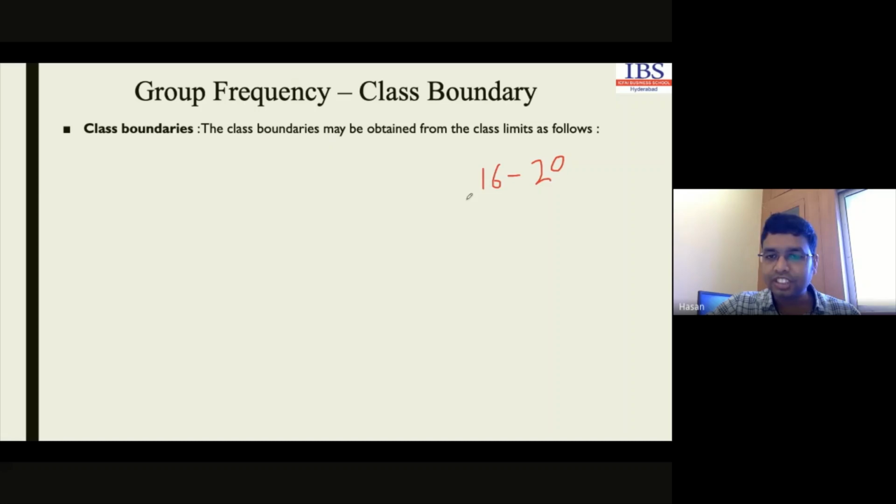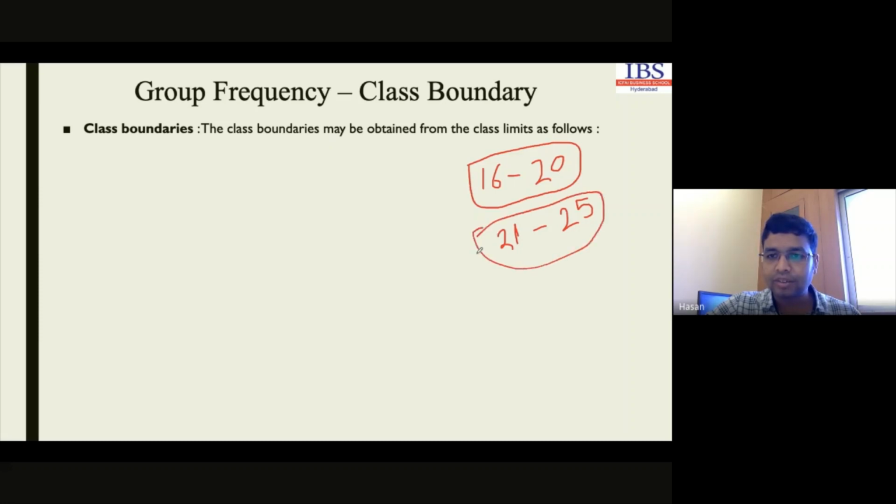In between the classes, we have to produce a boundary, like the area of the class surrounded by a boundary. So how do we decide the boundary? We observe that the next class is 21 to 25, right? Now look here, in this case also we have to decide a boundary.